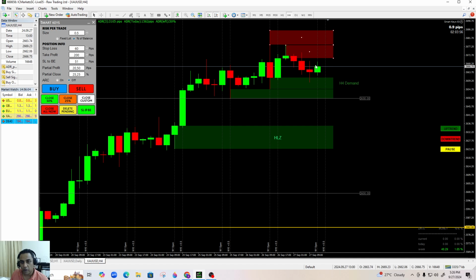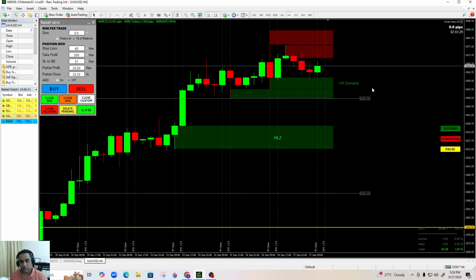If you go to the H4, you can see how ugly the H4 looks. This is why I call it very ugly price action. Those are almost all just basing candles or dojis or whatever you want to call them. That's 1, 2, 3, 4, 5, 6, 7, 8, 9, 10, 11, 12, 13, 14, 15, 17, right?